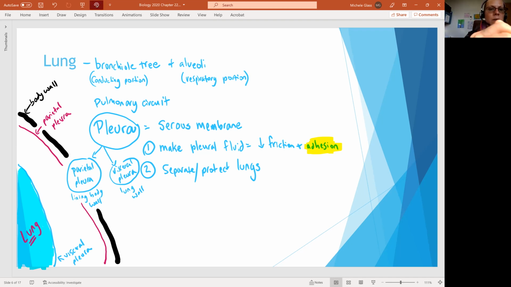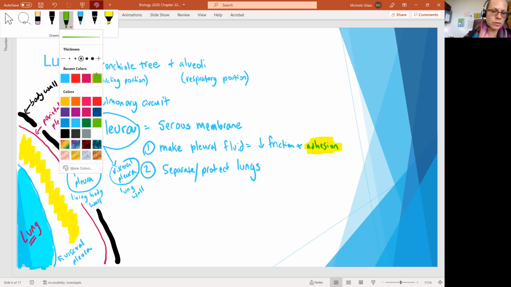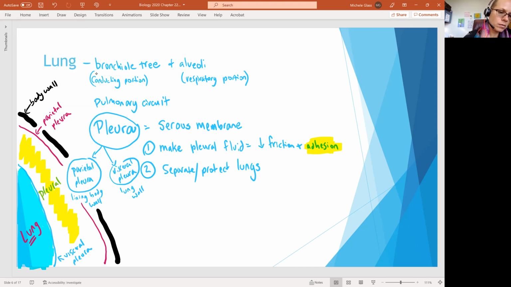Now the space in between, I'm going to highlight with yellow. So the cavity in between the parietal pleura and the visceral pleura is going to be full of fluid. And that fluid is the pleural fluid.